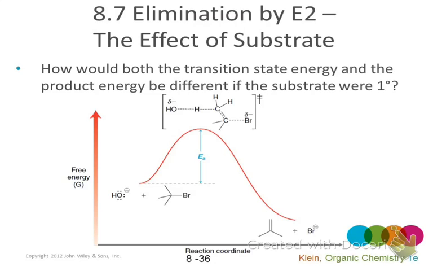More substitution means it's easier for the leaving group to take those electrons and run away, because the substituents are now providing electron density. So substitution at this carbon allows this energy to be lower and allows the reaction to go faster.